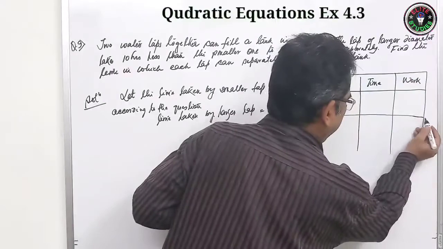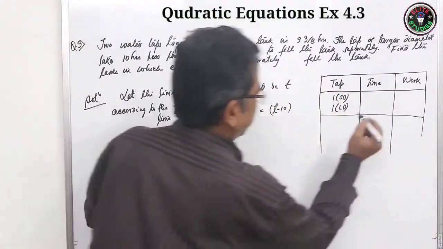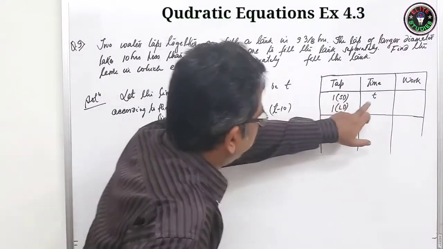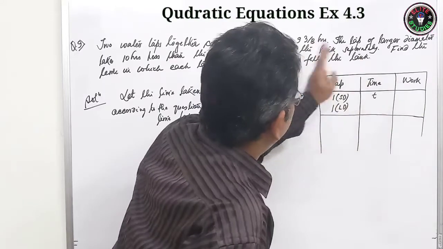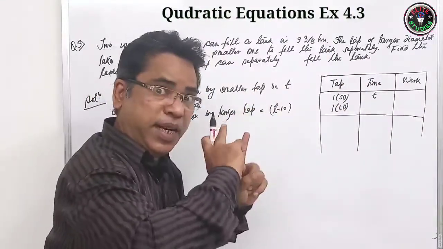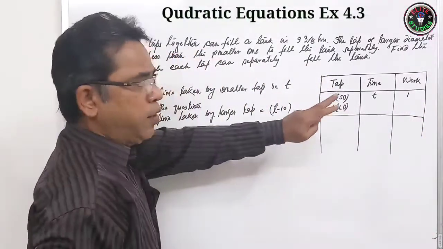Now, what is the time taken by the smaller diameter tap? T time. So this means the smaller diameter tap takes T time to fill up the whole tank. To fill up the whole tank means the tap has completed its work, so the work done will be 1 unit. Very, very important, dear students.